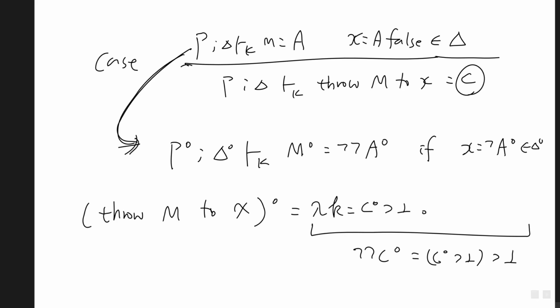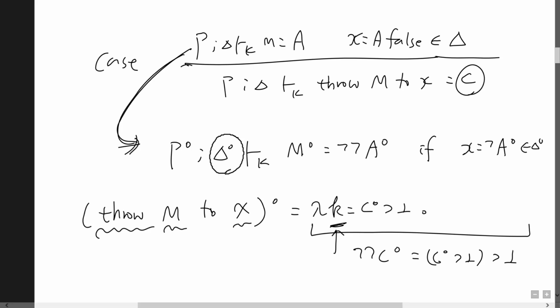But actually, we will not use this one because we actually throw this value to x. So in this context, we have this one. Now we have to find an answer.